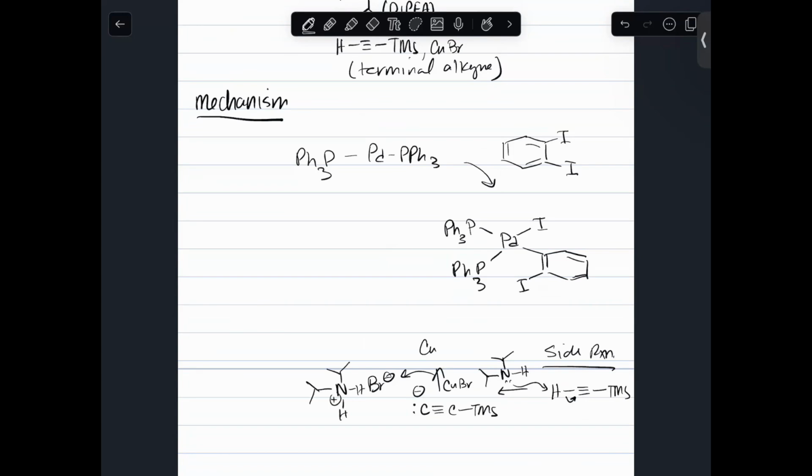And our copper is now bonded to our alkyne. And when I say bonded, I mean ionically bonded, right? Because it's still a copper, it's still a metal, right? And now it can proceed through its transmetallation step. And in this case, you form the copper 1 iodide salt, and the palladium is now bonded to my alkyne.